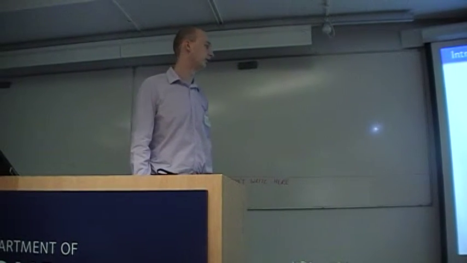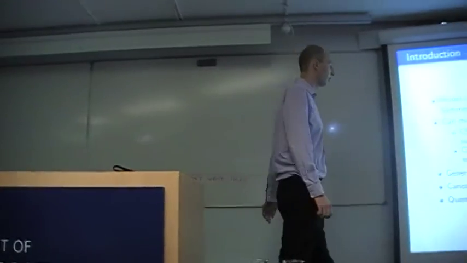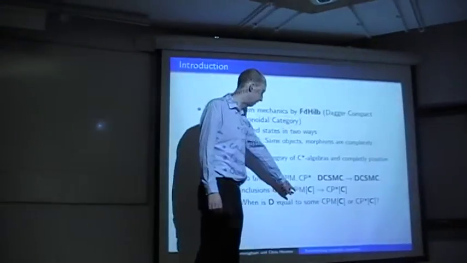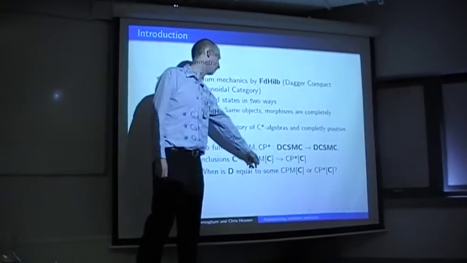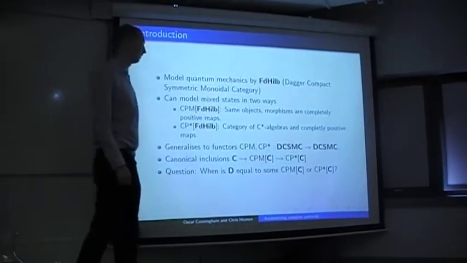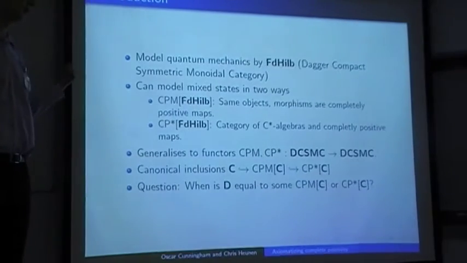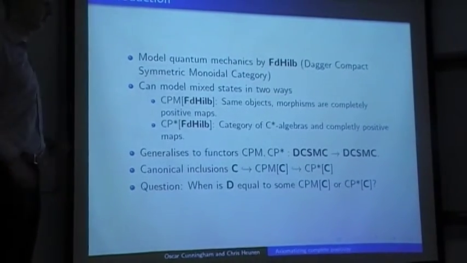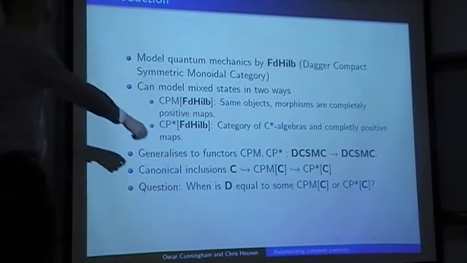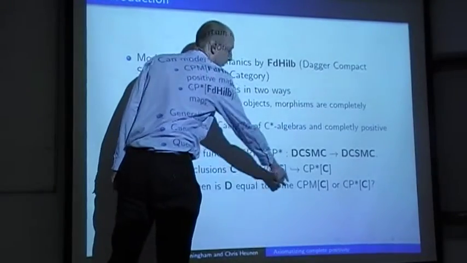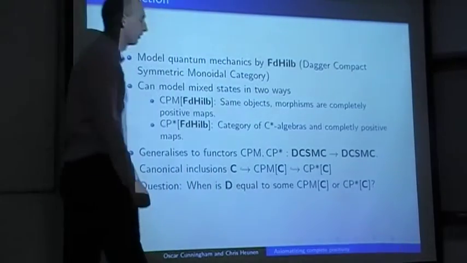And so we have these inclusions. So C lives inside CPM, which lives inside CP star. And that's because any pure map is also a mixed map. And all of the quantum systems, which are these ones, give you C star algebras.